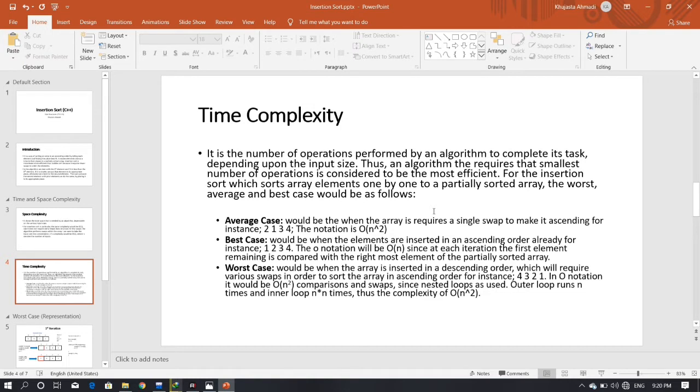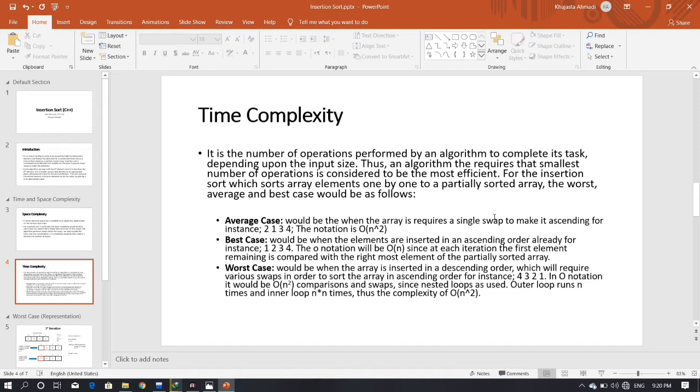This is because the array has to traverse the nested for loops, so thus n is to the power of 2. The best case would be if the array inputs are already sorted, such as 1, 2, 3, 4, and the O notation would be big O of n, since in each iteration the first remaining element is compared with the rightmost element of the partially sorted array. So what we mean is that the array would not traverse the whole nested loop. It would just not need any swaps.